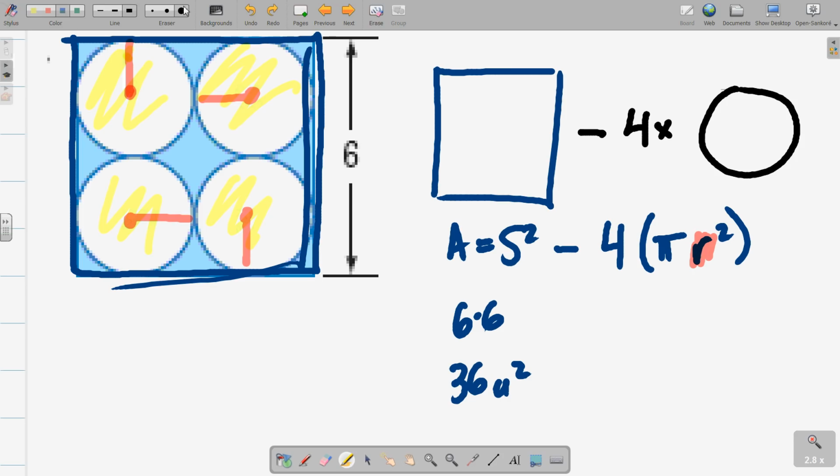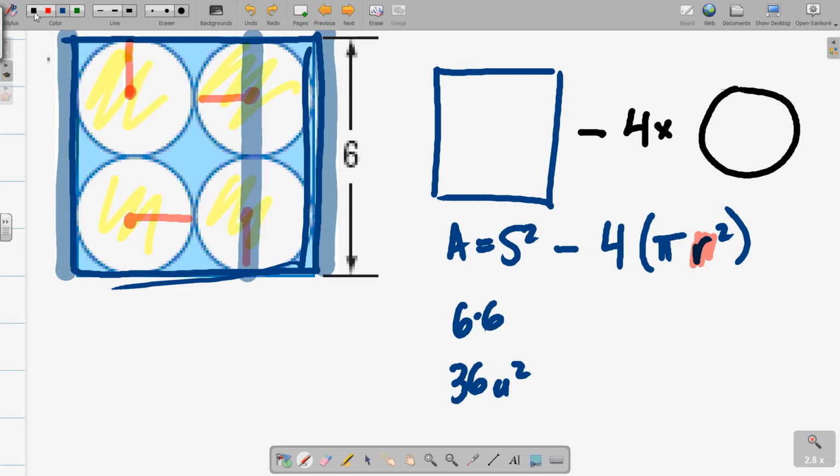I'd like you to physically trace down this side again. That's 6. Come over here. Trace that. That's 6. Trace, boom. That's also 6. Which means we go like this. Your diameters have to be 3 and 3. Which means your radius is 1.5, folks.